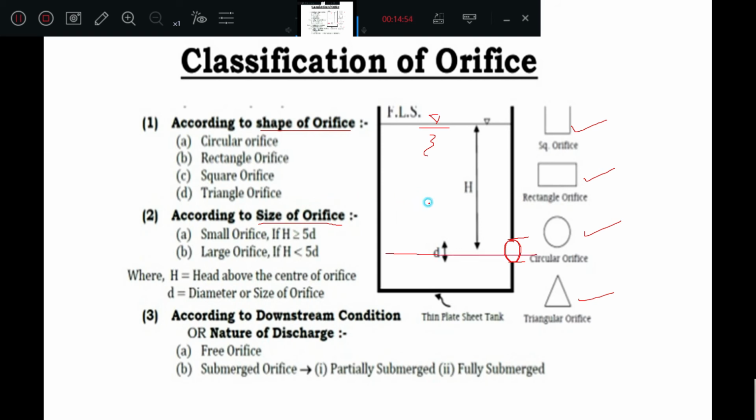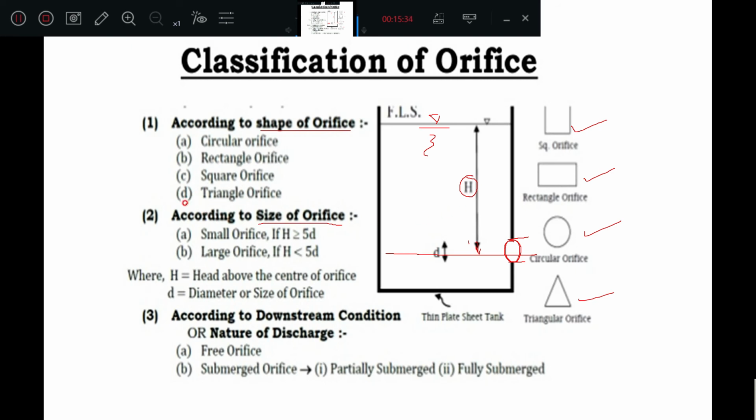If you measure the depth from the center of the orifice, the head of liquid from the center of the orifice till the free surface of water, and this height is greater than or equal to 5 times the depth of the orifice, then that is called a small orifice.